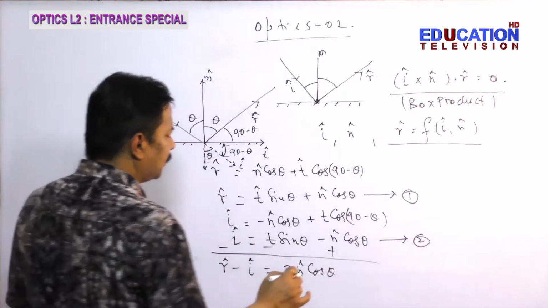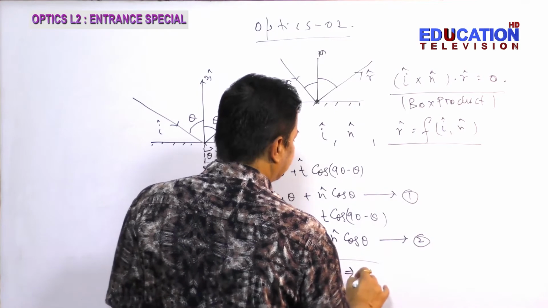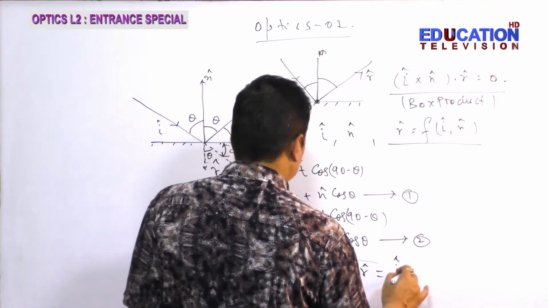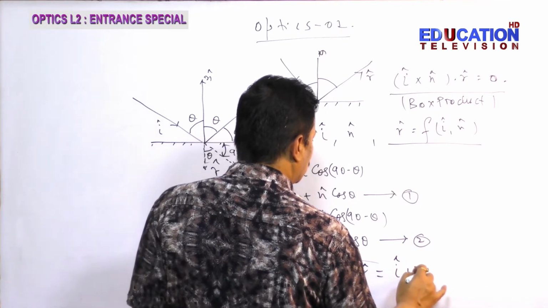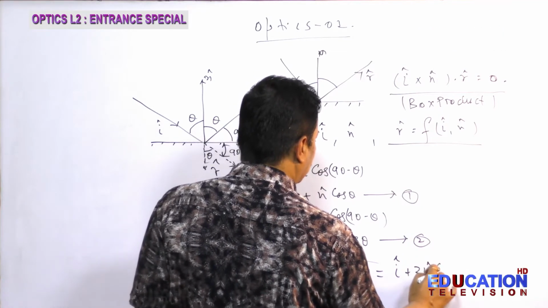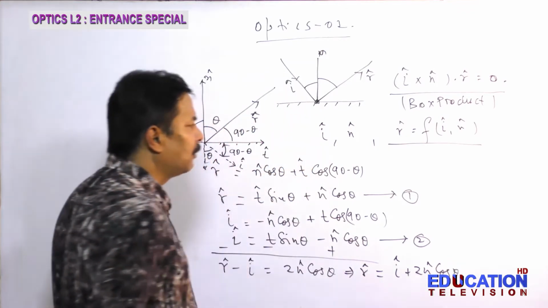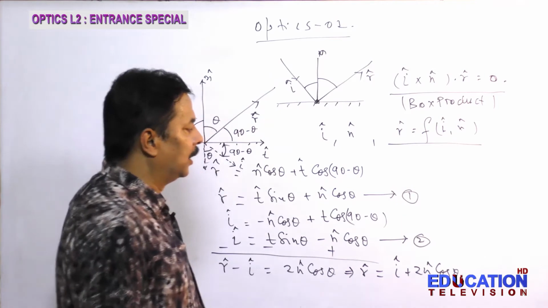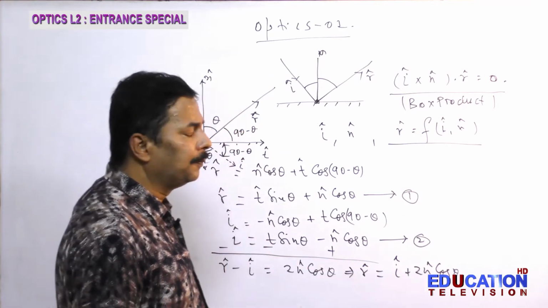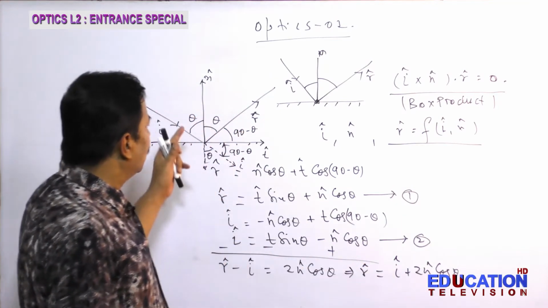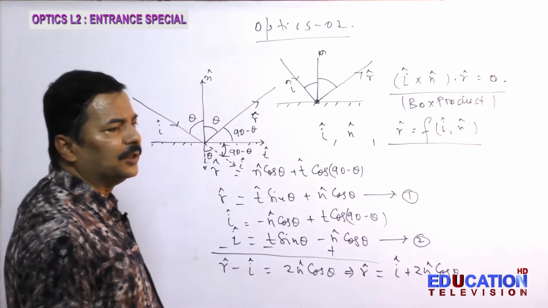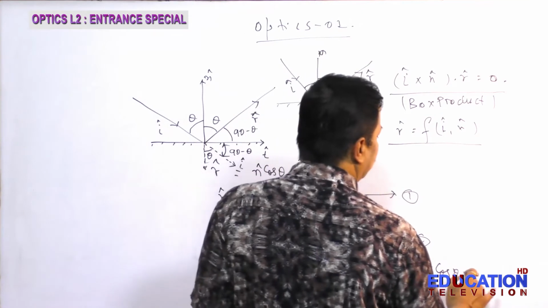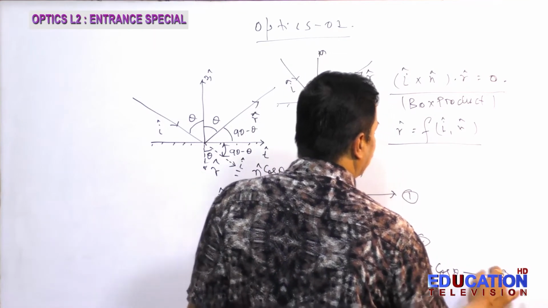So r vector should be equal to I vector plus 2n cos theta. What was my question? My question was in terms of I and n only. So this theta is an additional term. Now I would like to get the value of theta. To get the value of theta, take this as equation number 3.